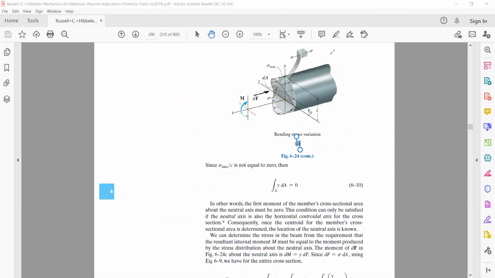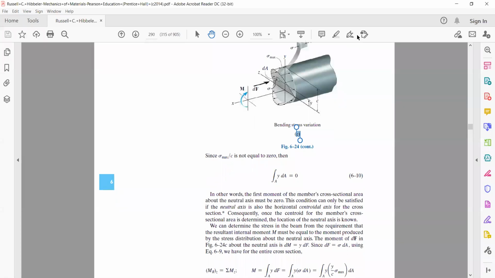Number two is, if we do the moment balance, that is something very tricky. Small force dF is acting in this direction, this direction, this direction. Each force vector has some y distance from the neutral axis plane, from the neutral plane.